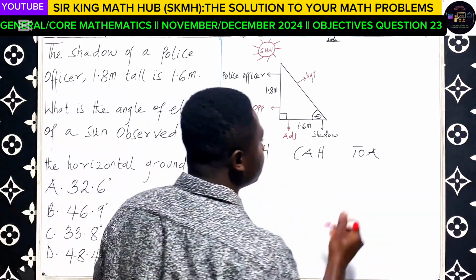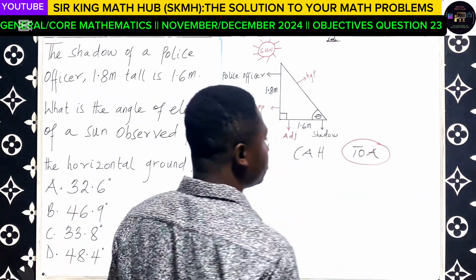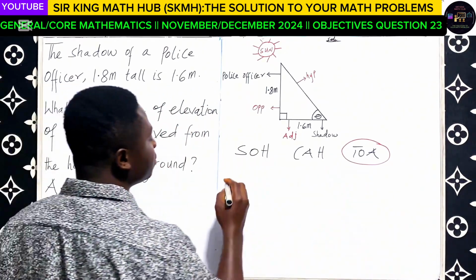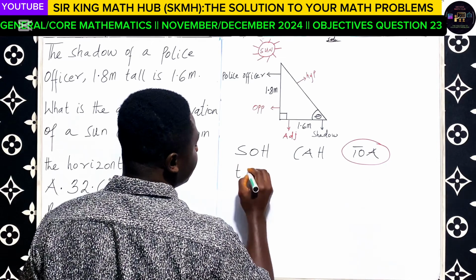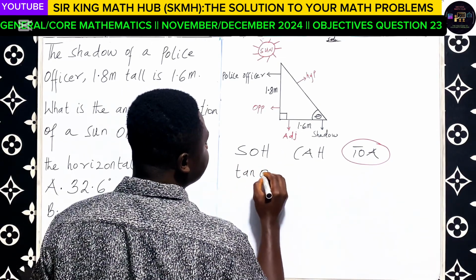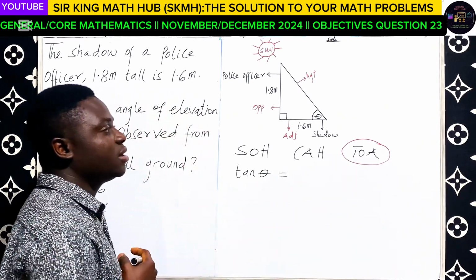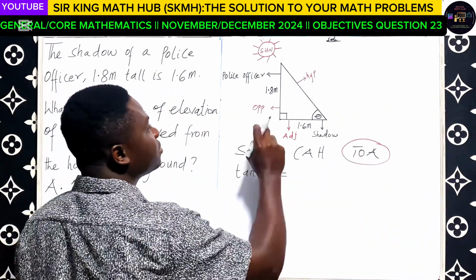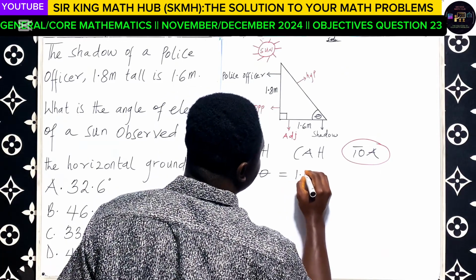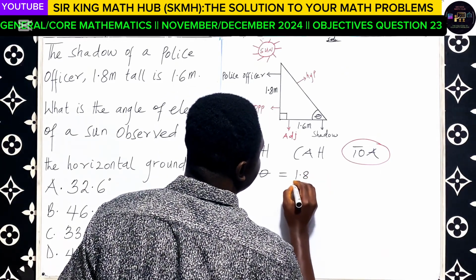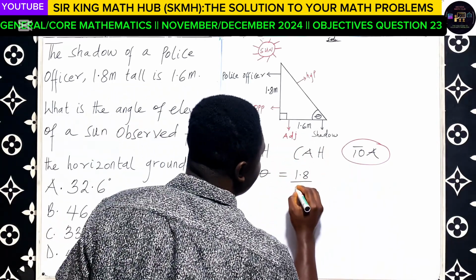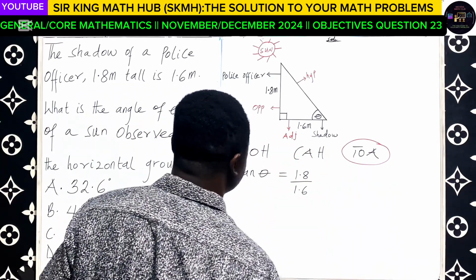So clearly, TOA has opposite and adjacent. TOA says that the tan of the acute angle, in this case theta, is equal to the length of the opposite over the adjacent. So we have 1.8 meters divided by the adjacent, 1.6 meters.